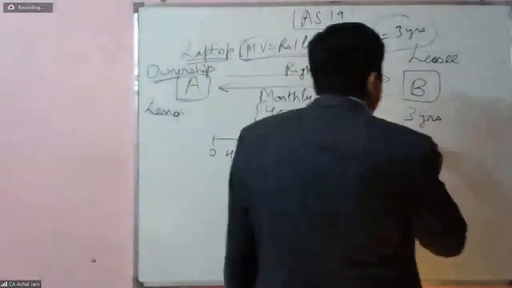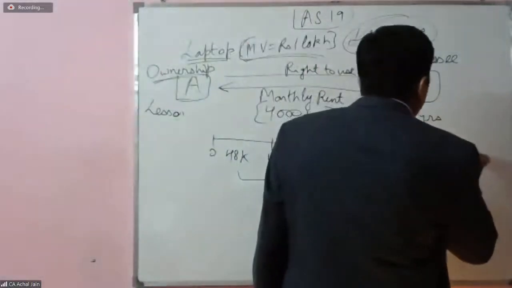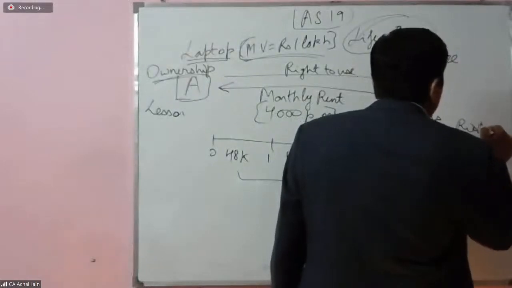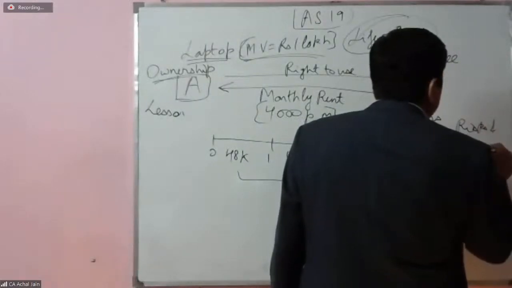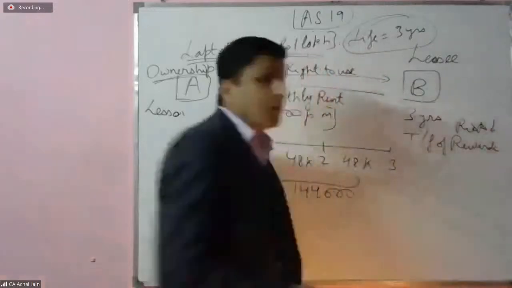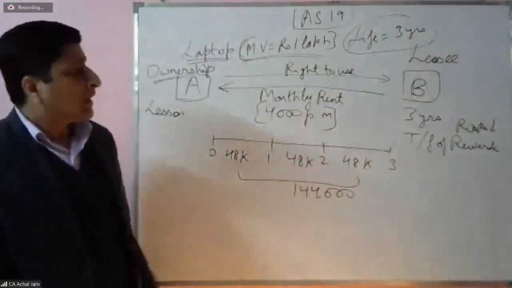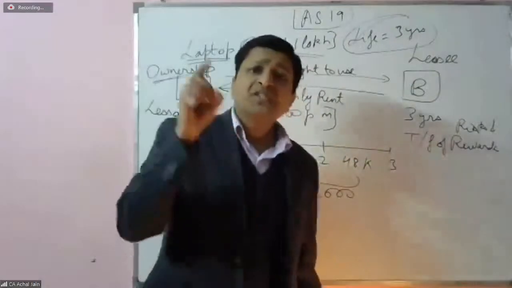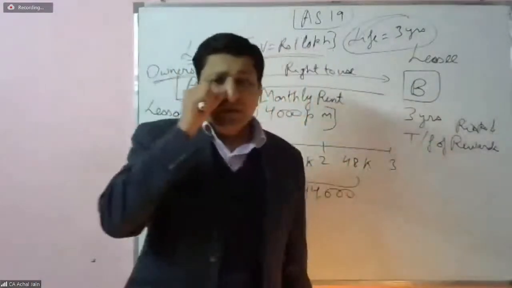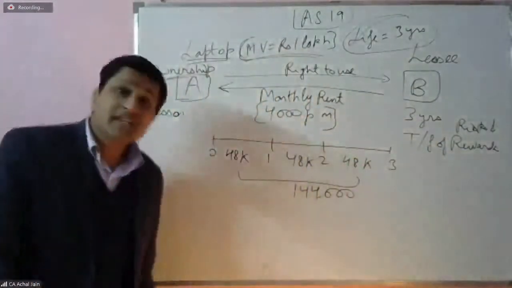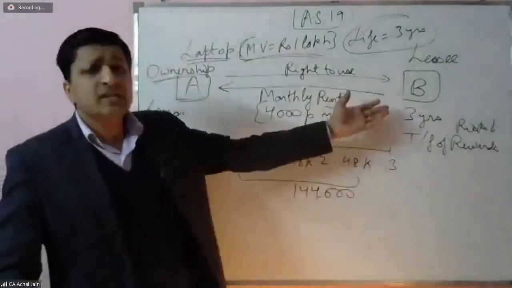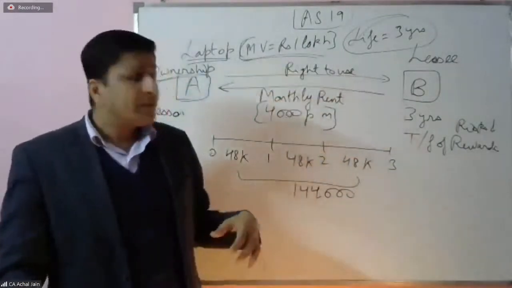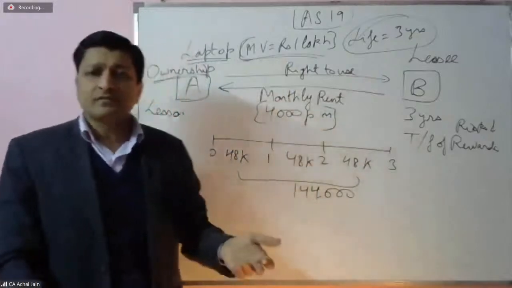So in this case, what do you find? We find a transfer of risks and rewards, in a way, has been done by A to B. Even though this arrangement is not in the nature of sale or purchase, still B has enjoyed the same benefits which B would have enjoyed if B would have purchased this.